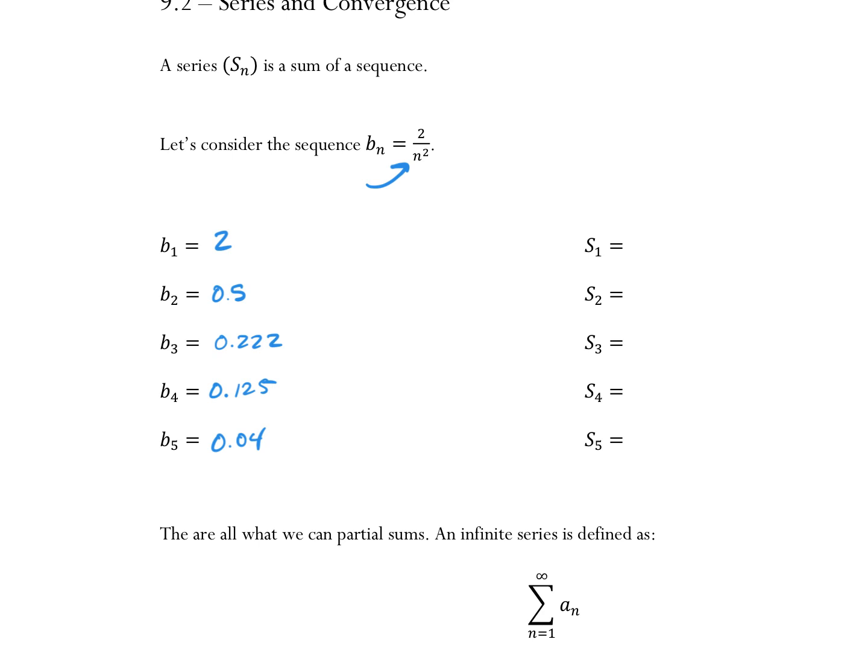I want my cheat sheet. The last one's wrong? 2/25. Mine's 0.08 as well. No, it's impossible that I made a mistake.